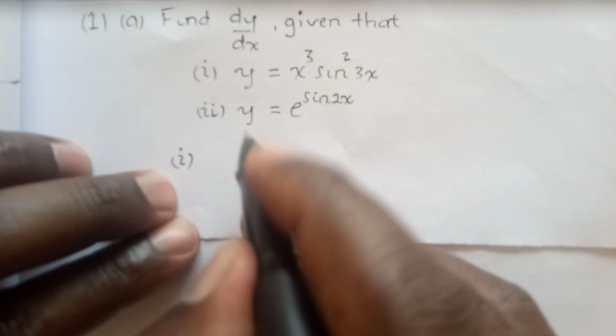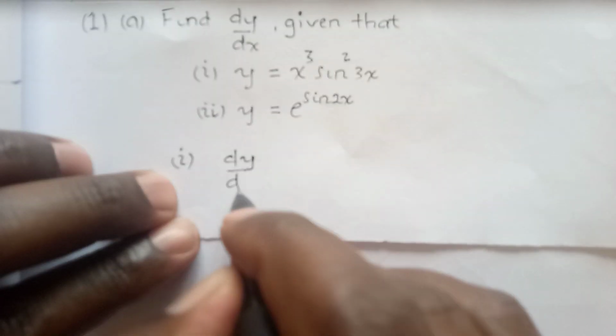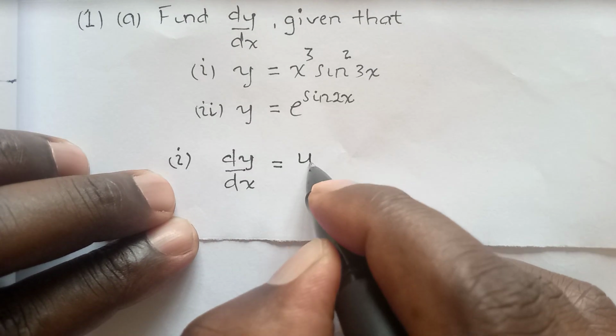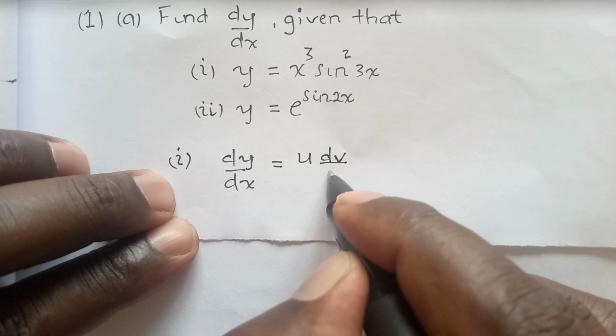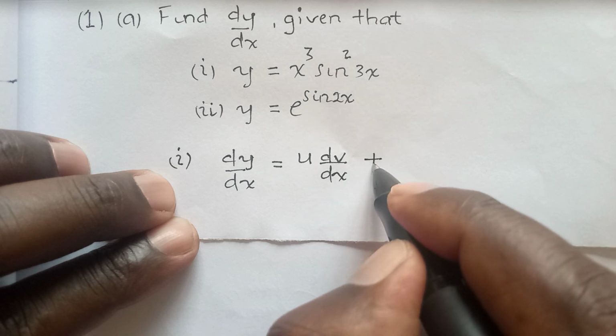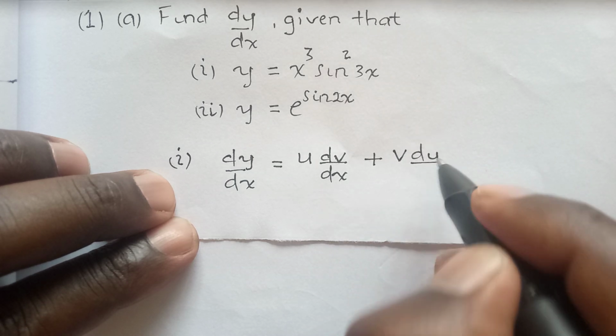The product rule is supposed to be like this: dy/dx is equal to u dv/dx plus v du/dx.